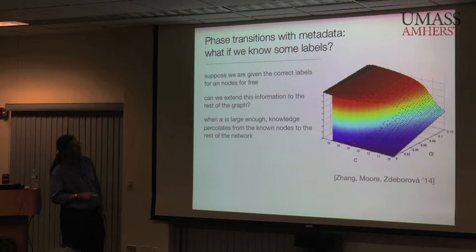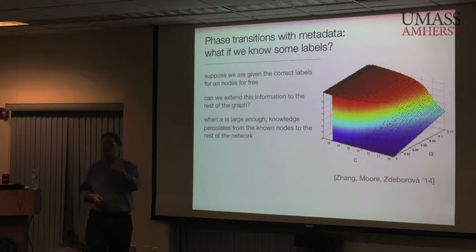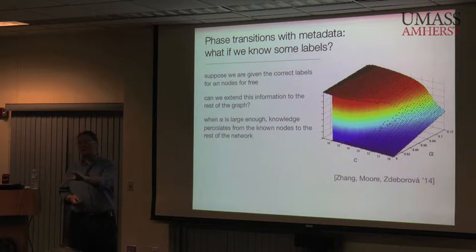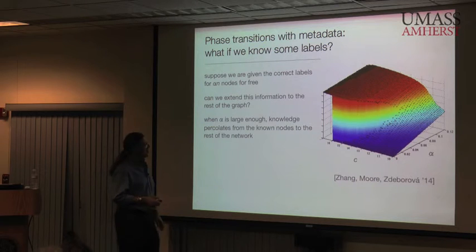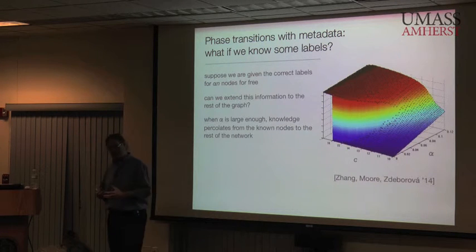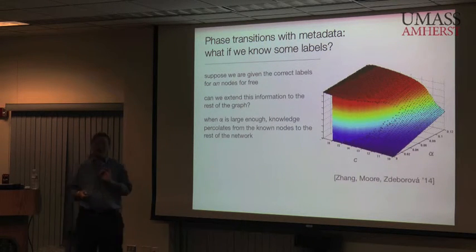What you see here is that there's a line of discontinuities where if I push the fraction of nodes I tell you beyond a certain point, suddenly your accuracy jumps. Roughly speaking, because I got you close enough to the good fixed point. I think of this as a little bit like percolation, where if I tell you only a tiny fraction of nodes, well, you know them, because I told you.